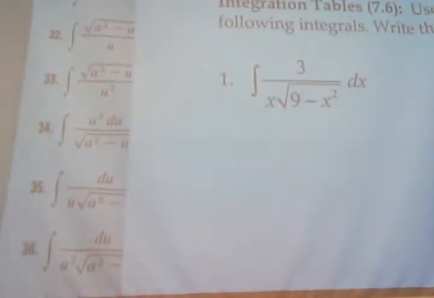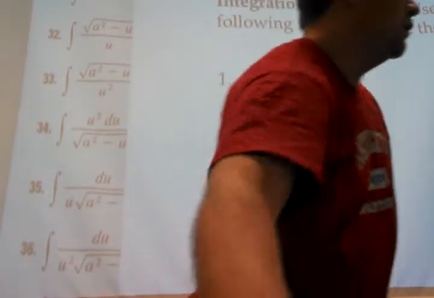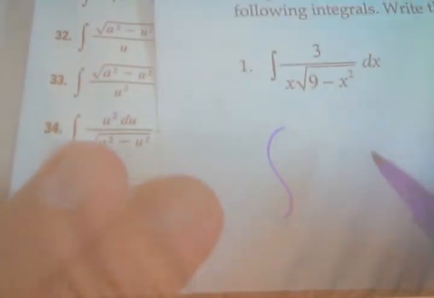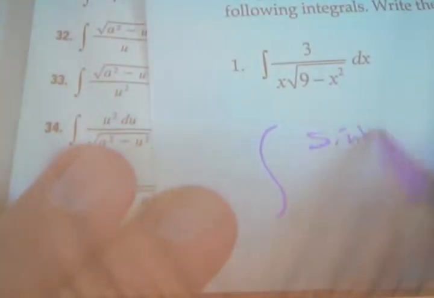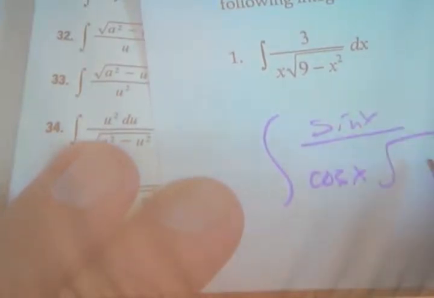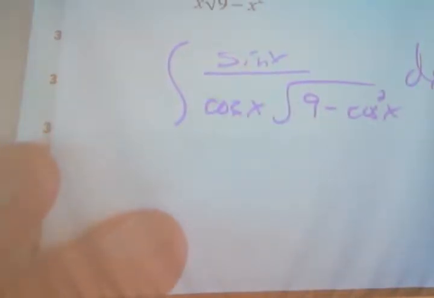So if I had, for example, just to show you, I could write it up here. If I had this instead, that's the same form, because what can I do?